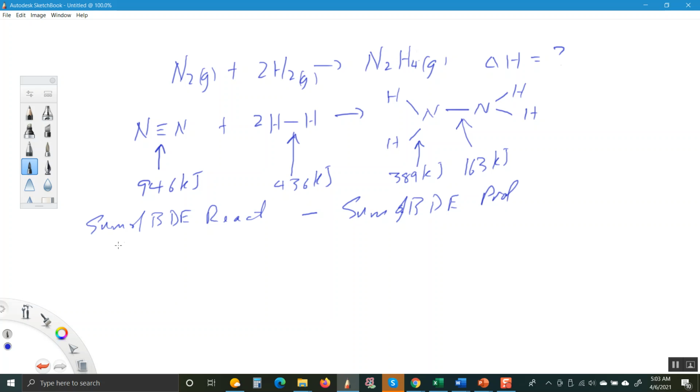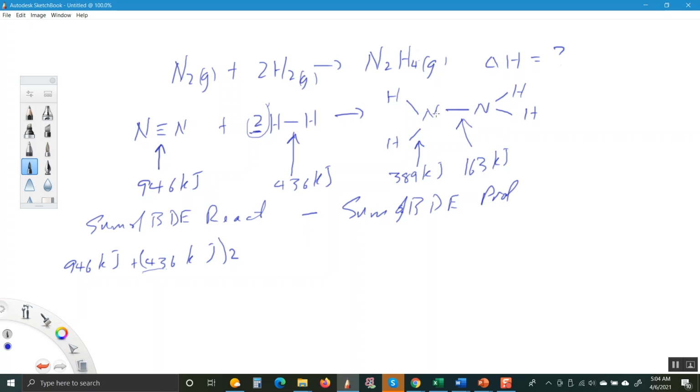So in the case of the reactants, it's 946 kilojoules plus 436 kilojoules. And in the case of the products, now this is where you have to be careful. Oh, by the way, I made a mistake just now. Because of the 2 here, that means you have to multiply this here by 2, all right? So that's very important. Now over here, you have to take into account the coefficients when you're doing these calculations.